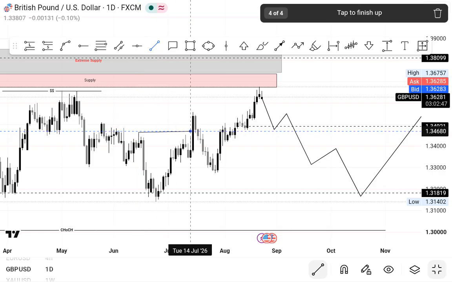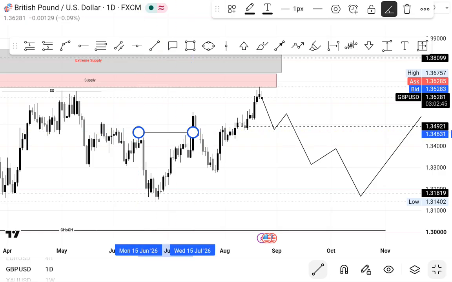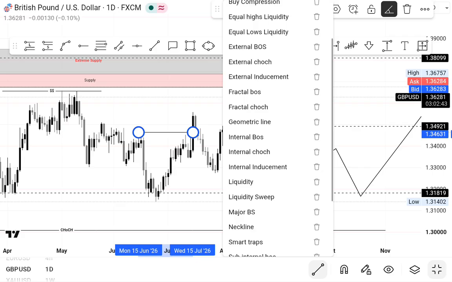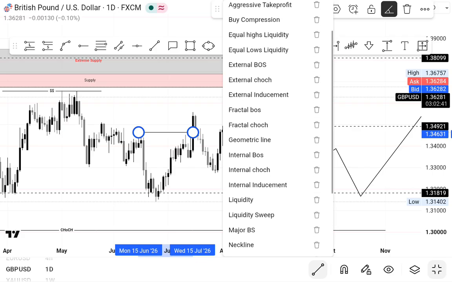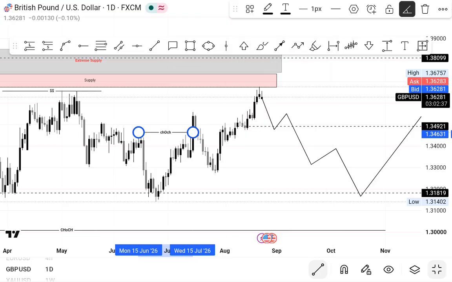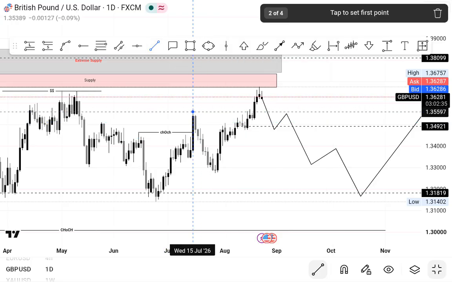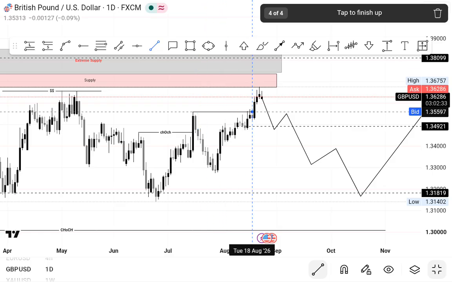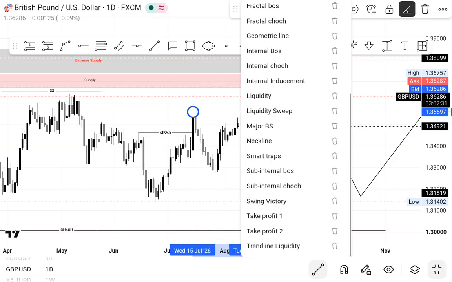So I'm looking for a correction of a bullish, or they break this bullish structure, because if you look at this bullish structure, we have an internal change of character here, then a break of structure here.